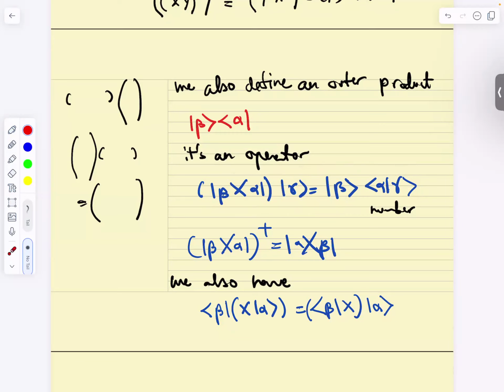This is another intelligent thing about the notation of Dirac. You'll see that I'll write this all the time. When I write this, it could be interpreted as an outer product acting on a vector, or as a complex number multiplying beta. It doesn't matter because of this equality.